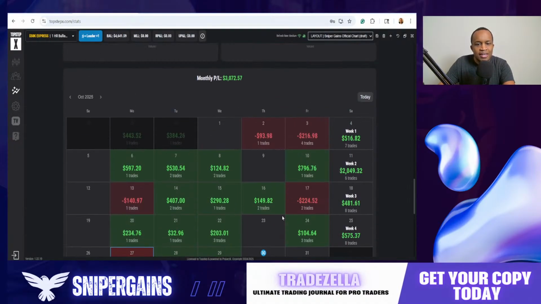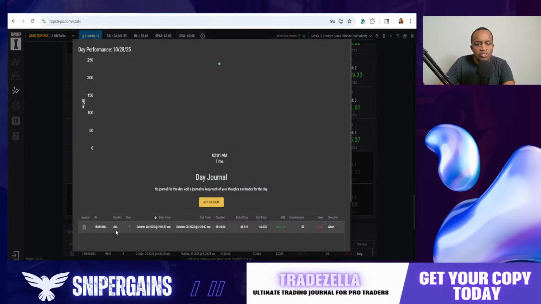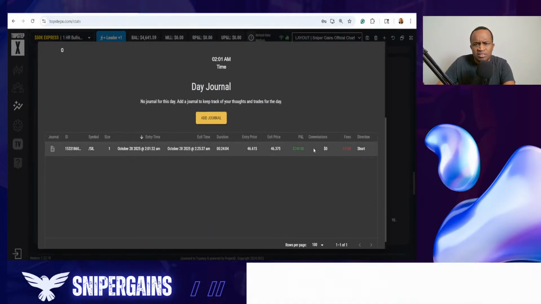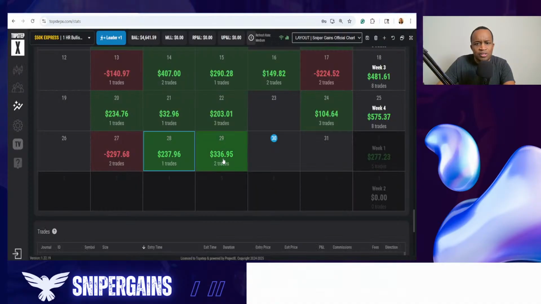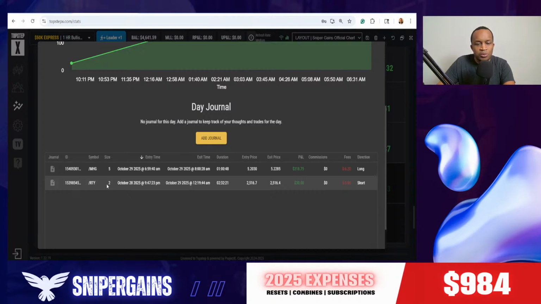So the next day, I did some off-stream trades. I did one on silver, which came out at around 240. Let me zoom that in. And then the last one that I took yesterday was 2 trades, one on RTY and then one on MHG.